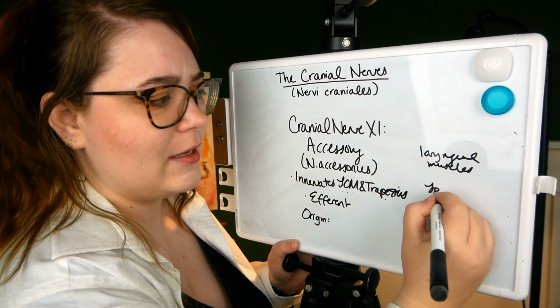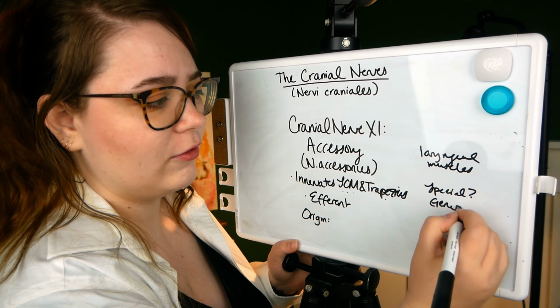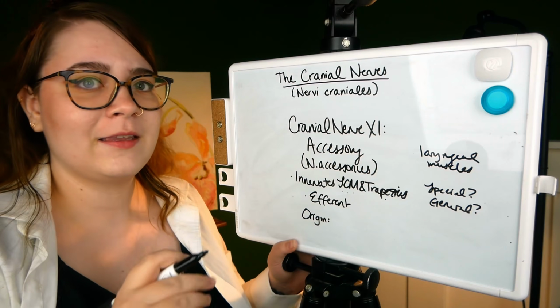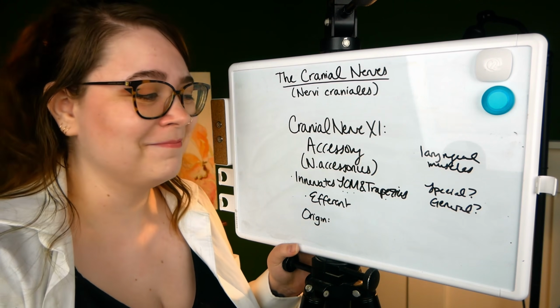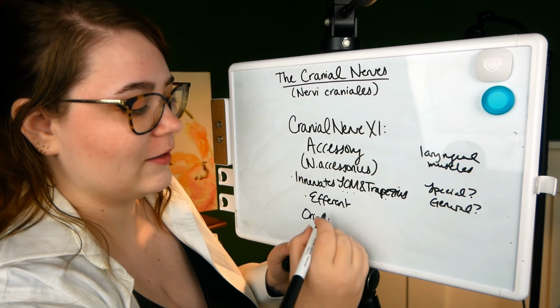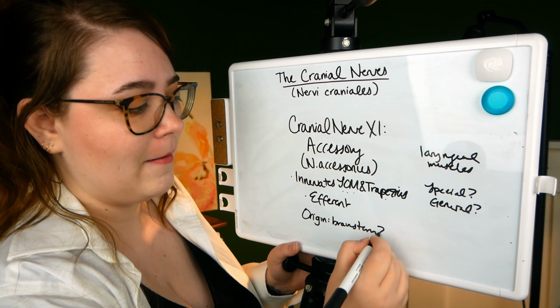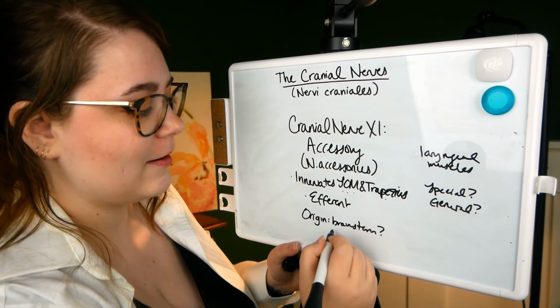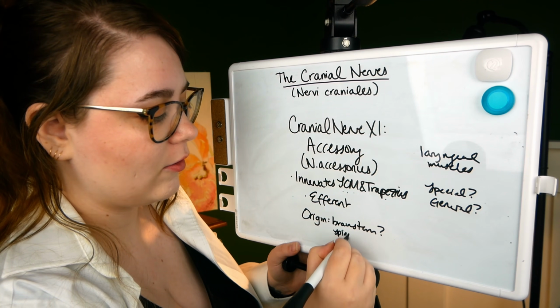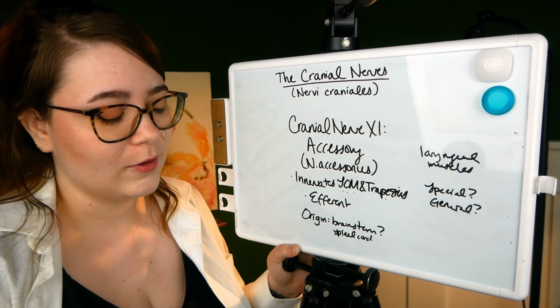It might be a special nerve. It might be a general nerve. We're not exactly sure. We know more about the spinal part of the accessory nerve because it originates in maybe the brainstem, but it definitely also originates in the spinal cord.